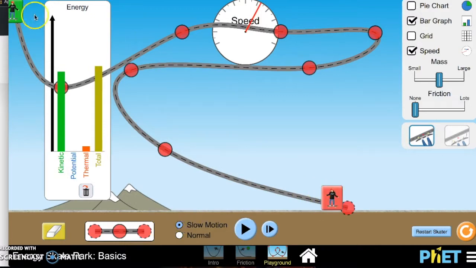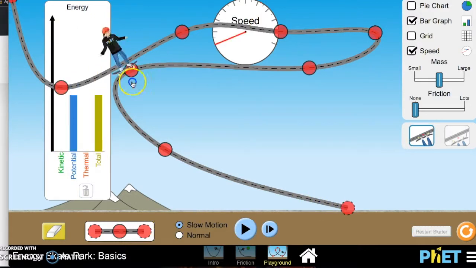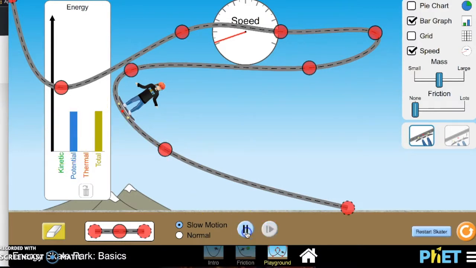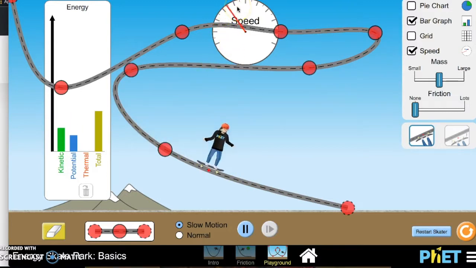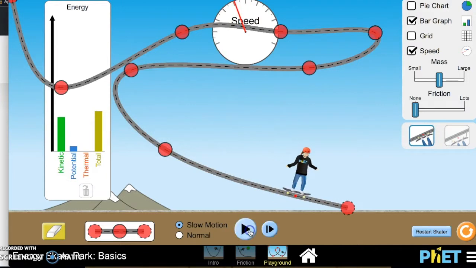If I just put it on slow motion. This guy up here. Here he will have a certain amount of potential energy and kinetic energy. Or total energy. They will all convert to kinetic energy. But watch the speed. The speed will continue to rise until there's no more potential energy. See, it's almost down now.